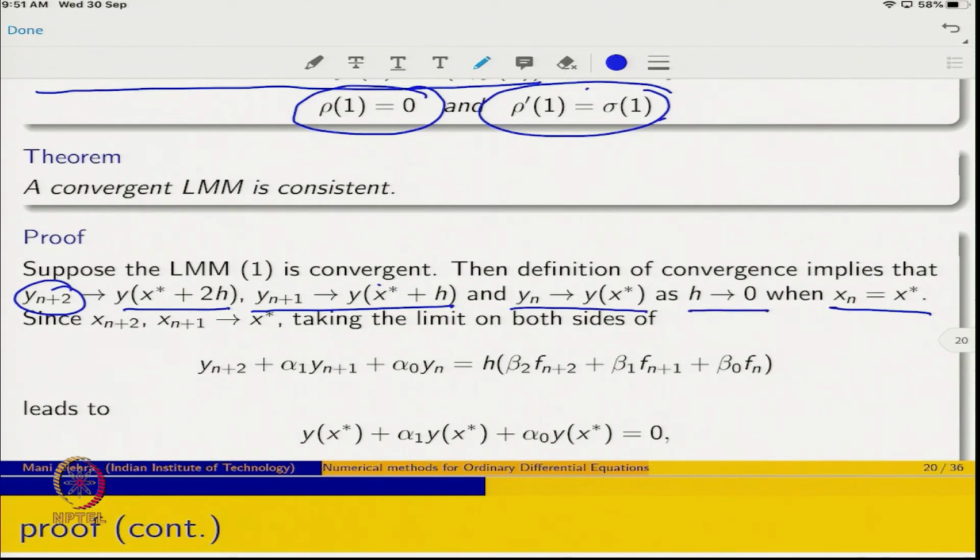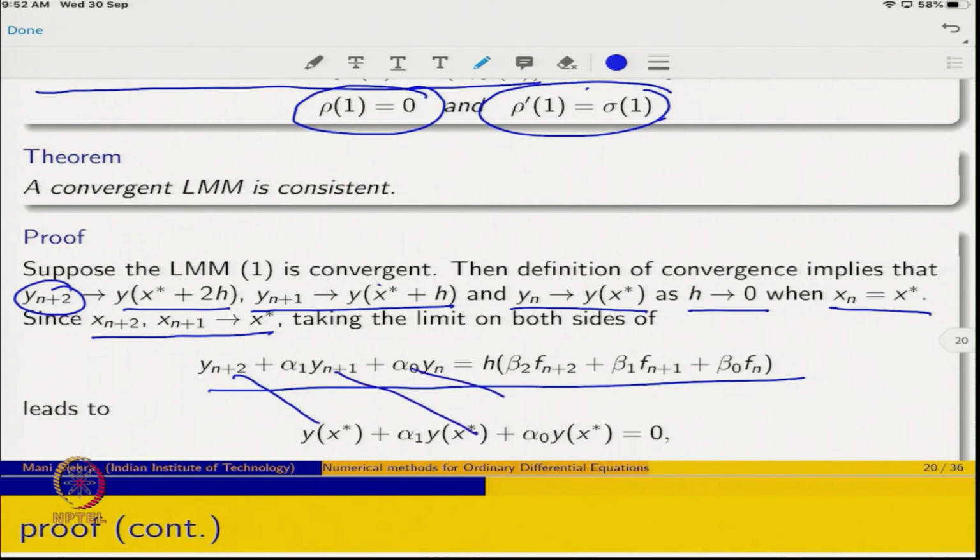This is the definition of convergence we have seen earlier also. Since these points will also converge to xn as h tends to 0, we take the limit on both sides. If this tends to xn, it means h tends to 0. So, once we put the limit h tends to 0, the right hand side will be 0. We will end up with this, this and this.